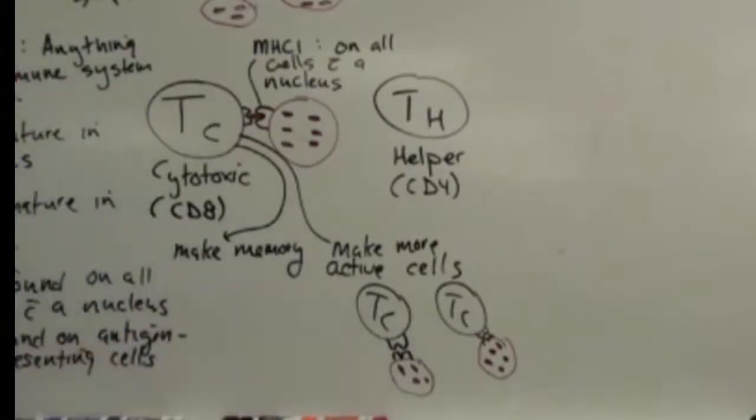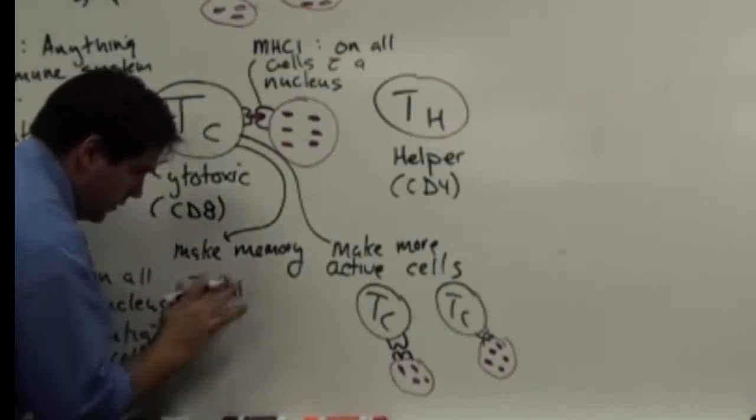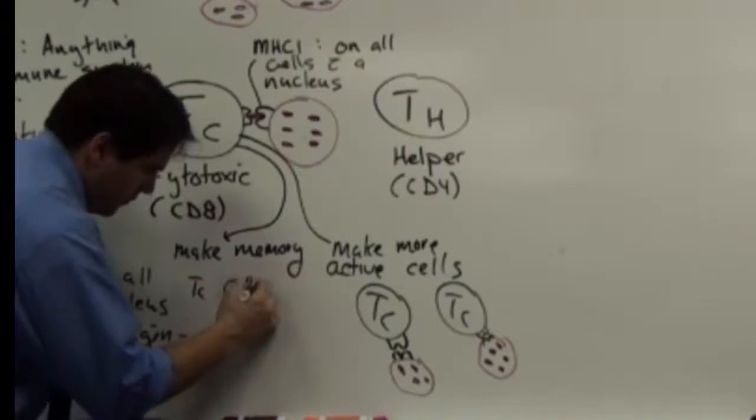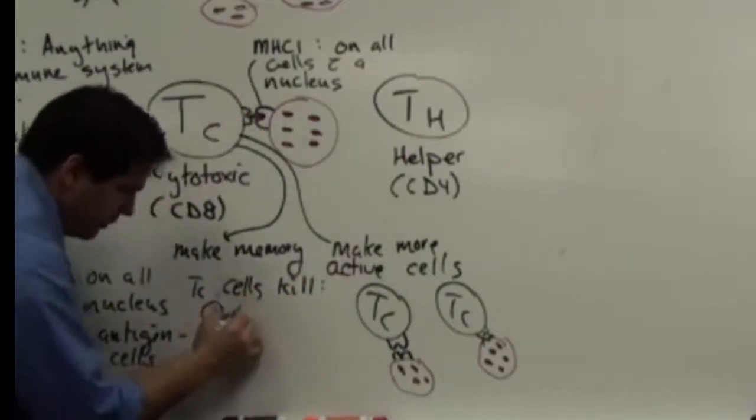it's going to use a triple drug cocktail. It's going to do three things. It's going to disrupt the metabolism, so TC cells kill by disrupting metabolism.